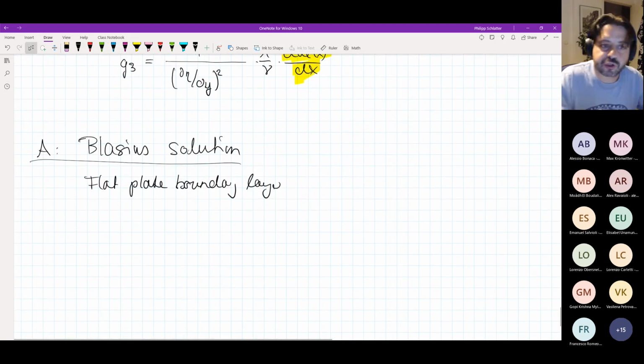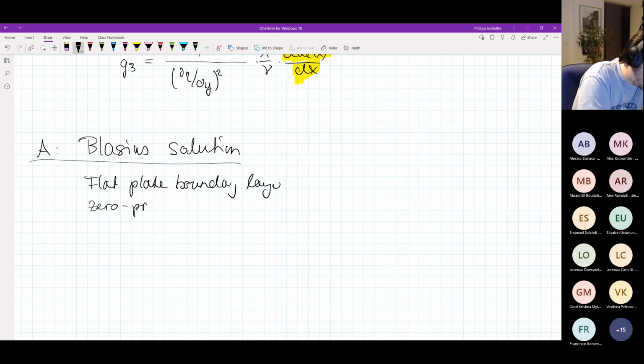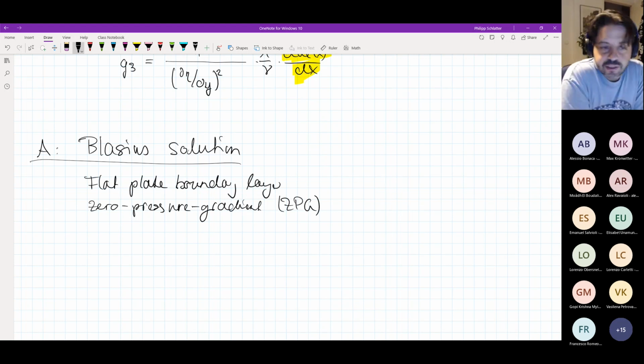Of course, that's in that sense the most canonical case that we can really think of. This is also called a zero pressure gradient boundary layer. Zero pressure gradient at times is abbreviated with ZPG.